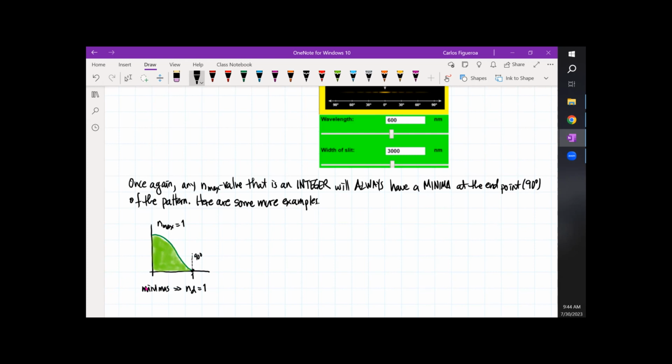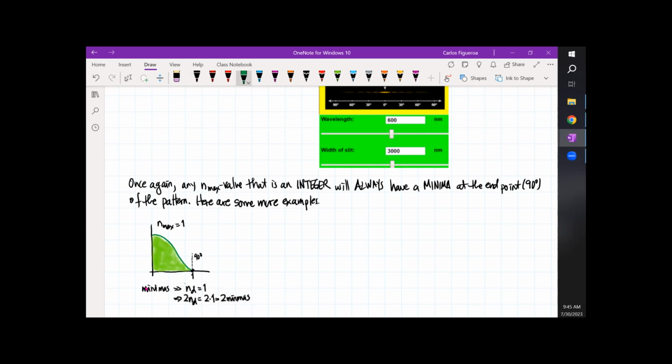And if nd is equal to 1, then 2 times nd gives me 2 times 1, which gives me 2 minimas. I'm going to run out of space, so I'm actually going to bring this down and do that.